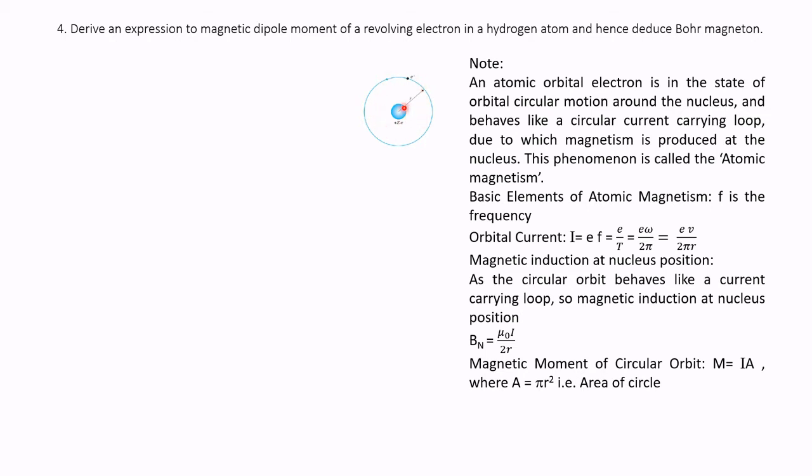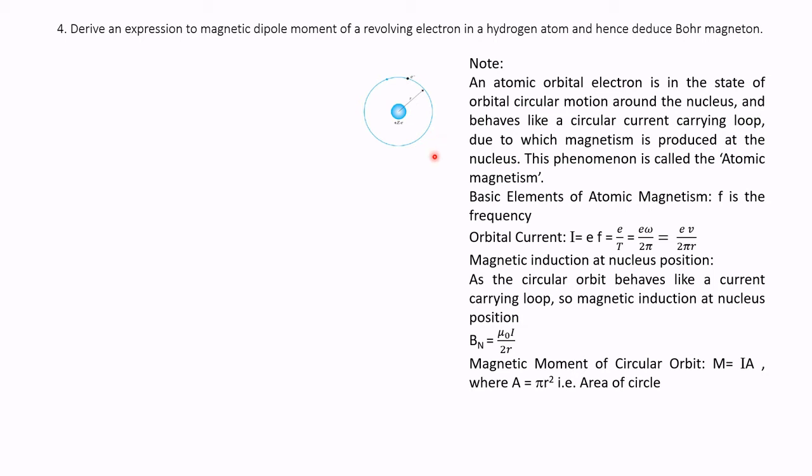The electron revolves around the nucleus in circular motion, and behaves like a circular current carrying loop, due to which magnetism is produced at the nucleus. This phenomenon is called atomic magnetism. Now, basic elements of atomic magnetism.